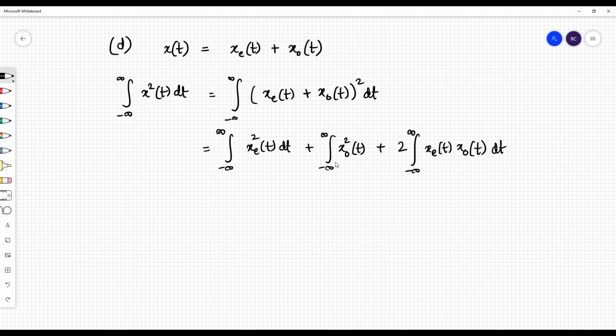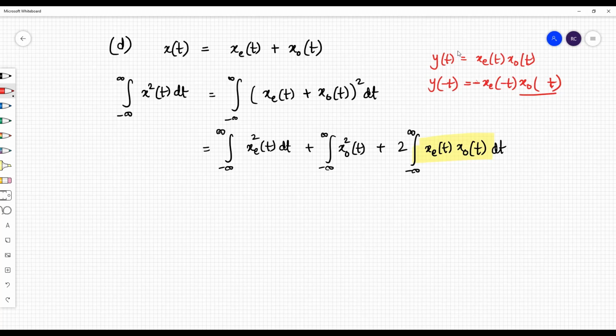Now the same logic, product of an even and an odd signal. Is it true for continuous time as well? Let us quickly see. Let us just call it some y(t). Then if you try to write y(minus t), you would get xe of minus t, xo of minus t. But because it's an odd signal, xo of minus t is minus of xo(t), sorry, right?